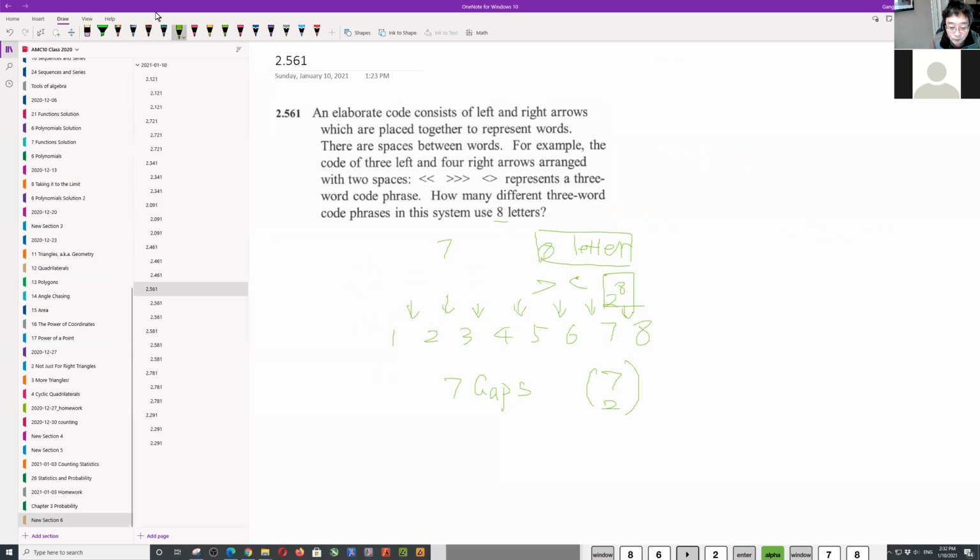So each word is going to be at least a 1 letter phrase. Then within those positions, you have 2 to the 8th. So I think this will be the answer.